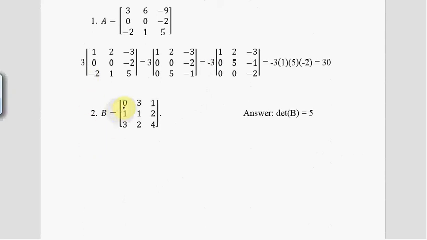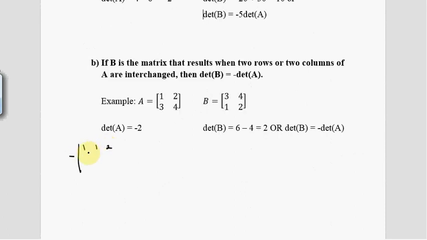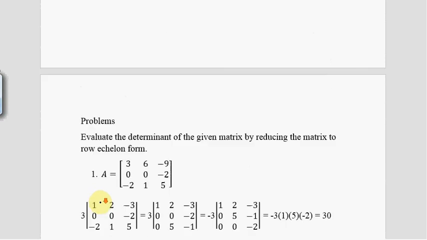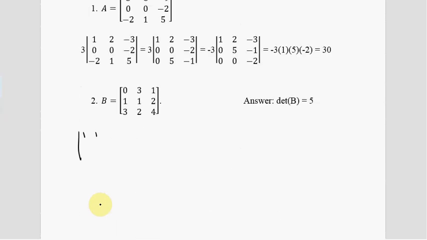Okay, what I would probably do is interchange rows 1 and 2 first. There's going to be negative 1, 1, 2; 0, 3, 1; negative 3, 2, 4.